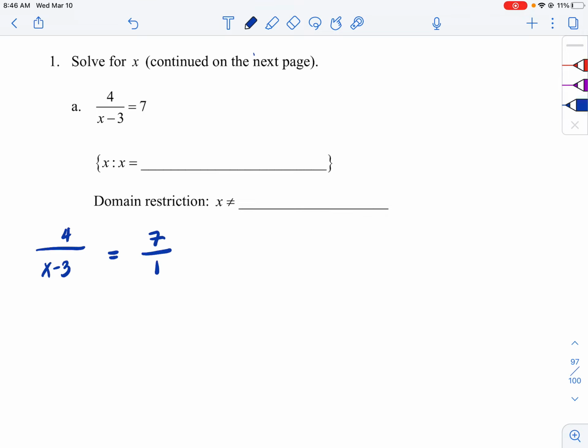Hopefully you watched that video before coming here. In those, we had to get the LCM, the least common multiple. We're going to do something the same, but different in a way that I don't have to include the denominators towards the ending of my solution.